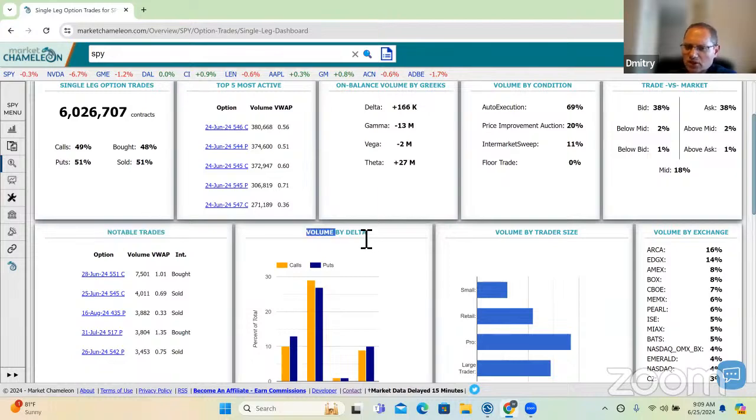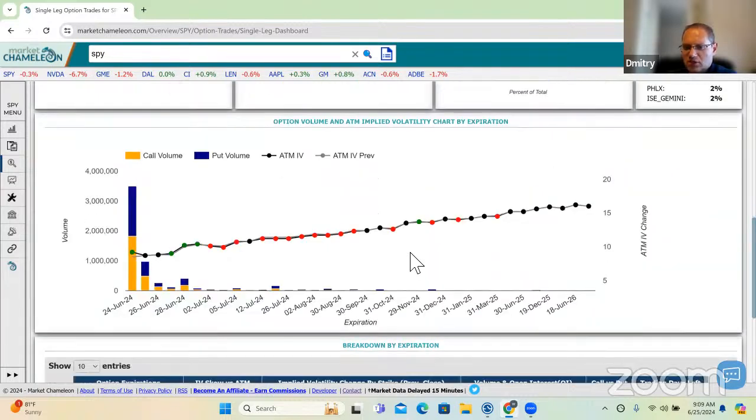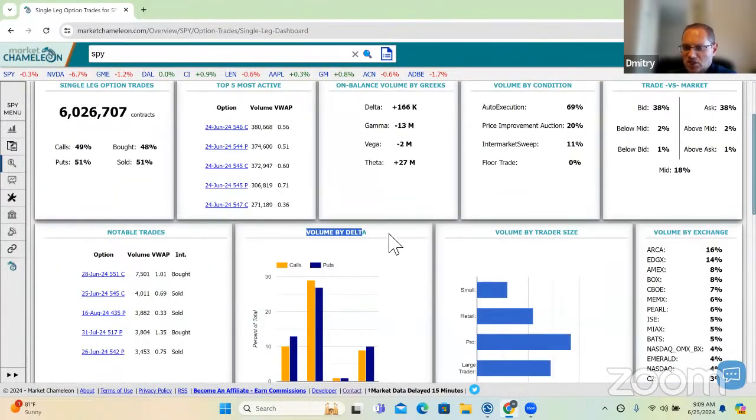So let's move on to the rest of the analysis on this page. And here, what we are shown is the breakdown of the option contracts based on the delta of the option. Okay, so why do we want to break it down? Well, we have 6 million contracts that traded in SPY.